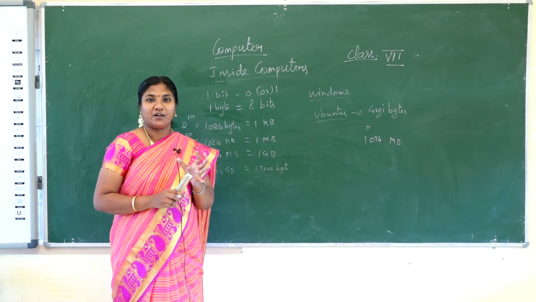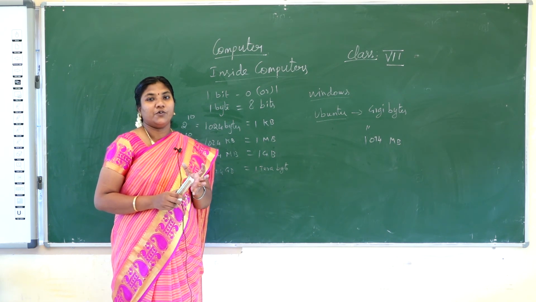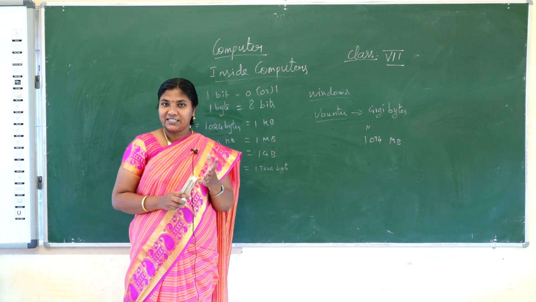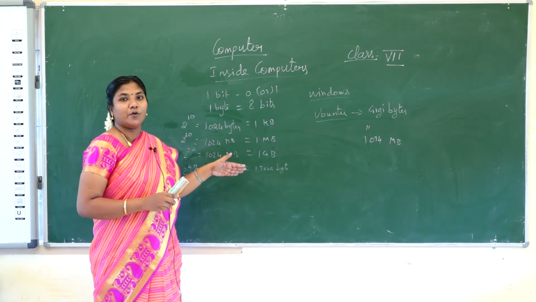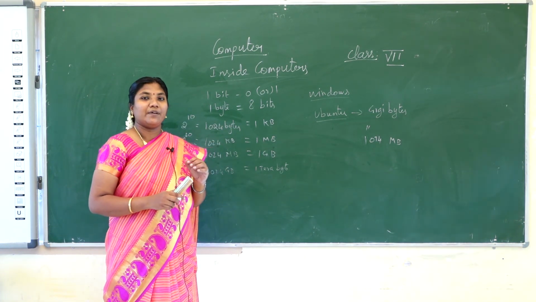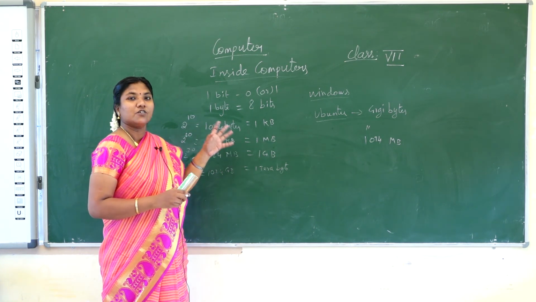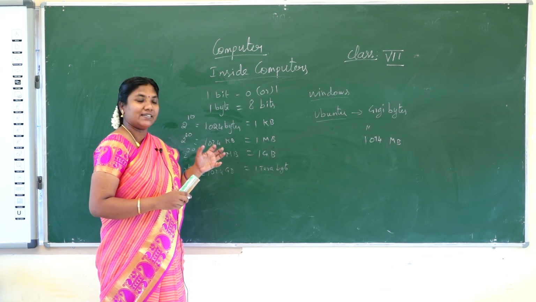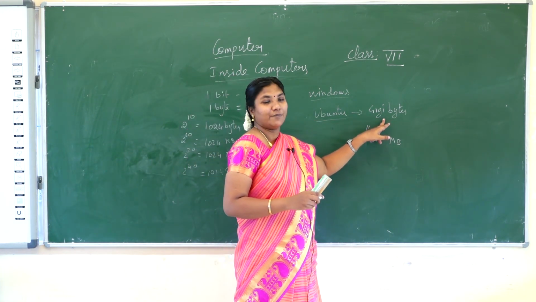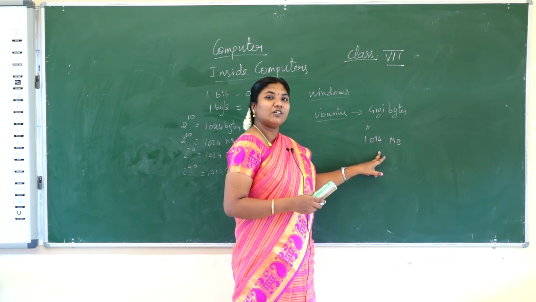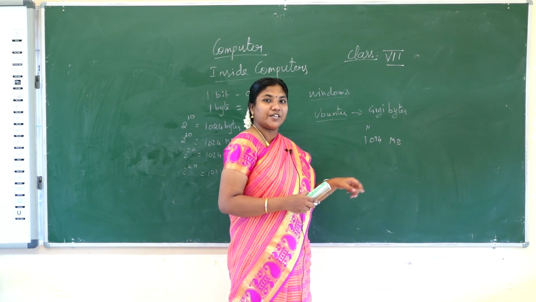It is the brain of the computer, known as central processing unit. It is measured in hertz, megahertz or gigahertz. Next we have studied random access memory, and the memory unit is measured in bits. So what do you mean by kilobyte, megabyte, gigabyte? And in Ubuntu OS we say gibibytes, which is equal to 1074 bytes. Okay students, thank you.